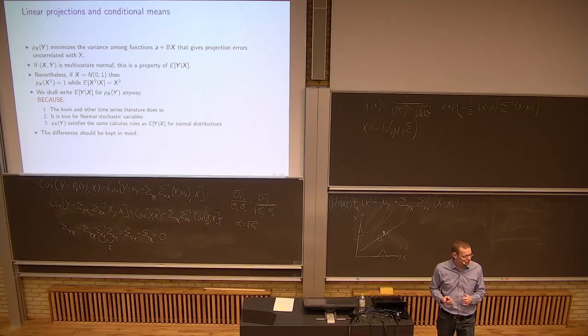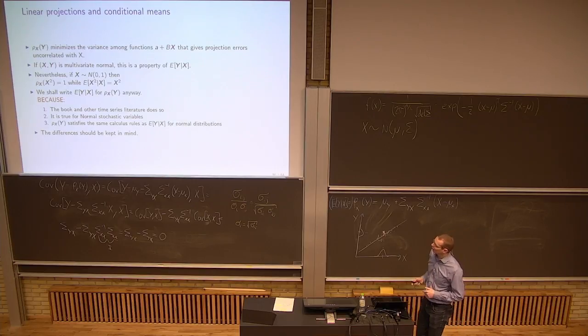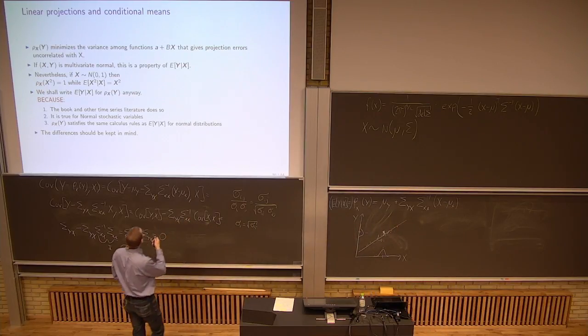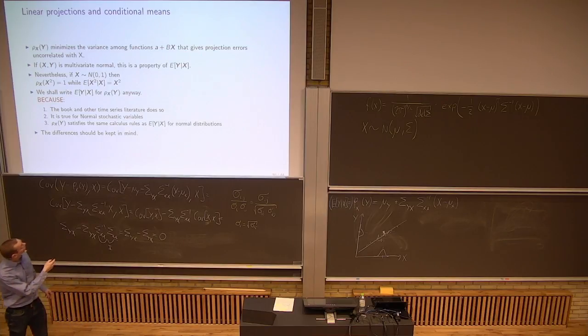Well, linear projections, there's something about linearity that goes into the wording there as well. And that's also the reason why we have this here. So the projection there is minimizing the variance among functions that gives projection errors that are uncorrelated with x. So that's the background story. So we've proven the non-correlation here.